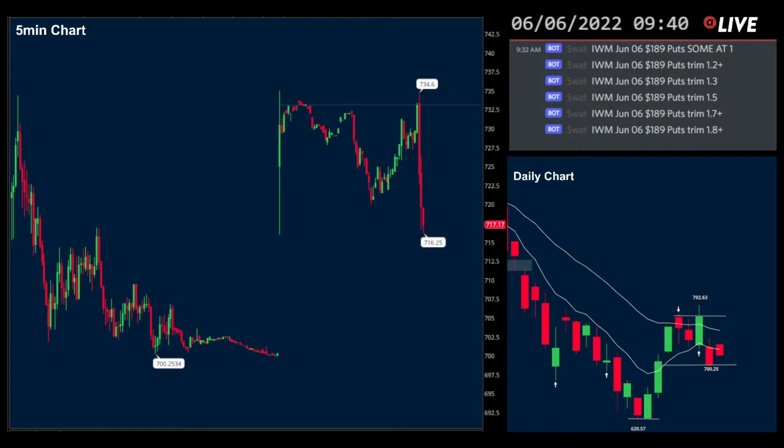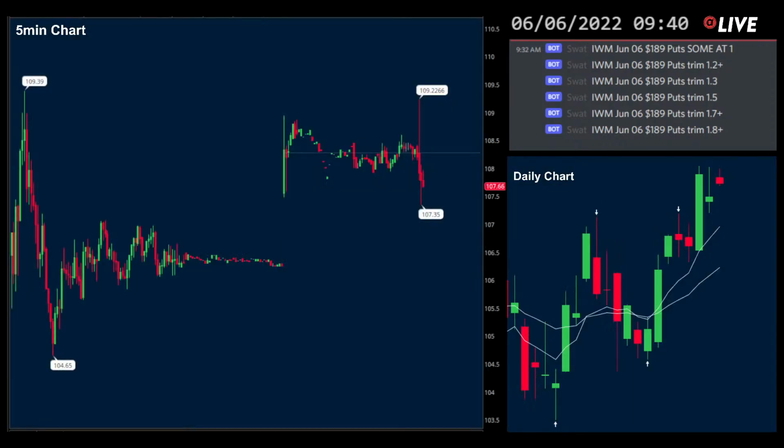NVDA also. AMD fading. So yeah, the last week leaders and AMD is fading with some bear flow. Rejected at 109 on AMD. 109 big supply zone.